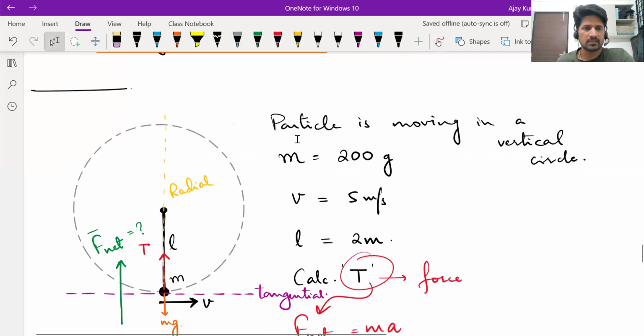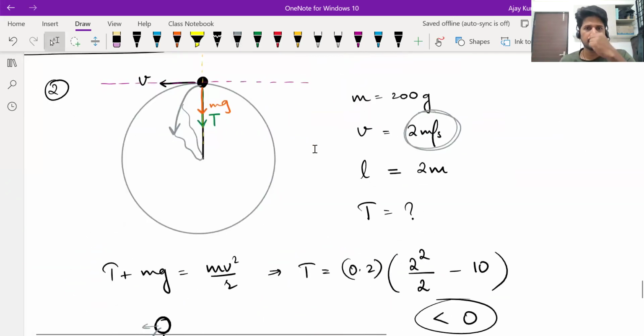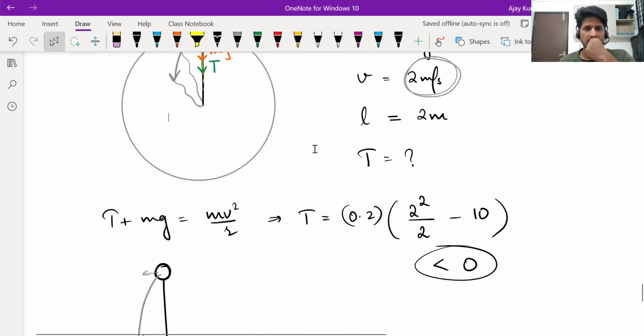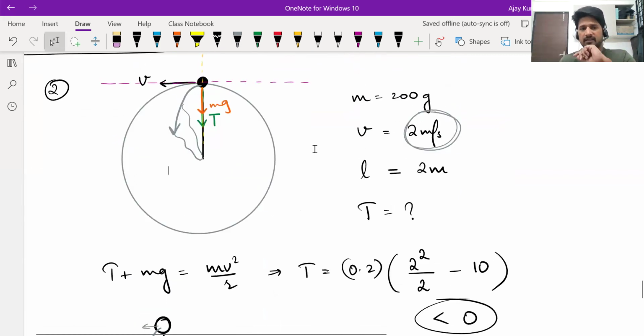Sir? Yeah, tell me. Sir, minus 1.6 means downwards, so how can we take it as vertical axis? See, we have already assigned a direction, downward direction. Considering it to be downward, we wrote the equation. And we are getting a negative answer. How can tension in the downward direction be negative?